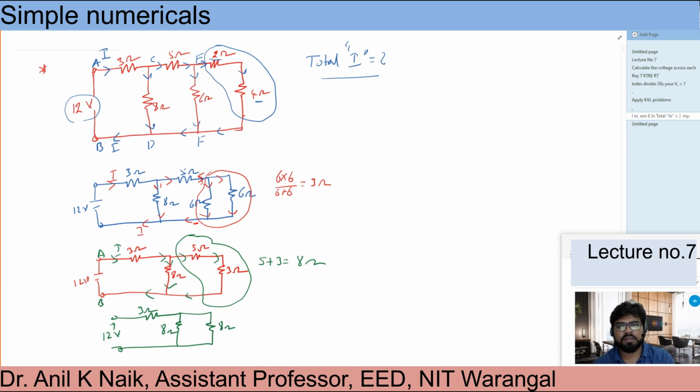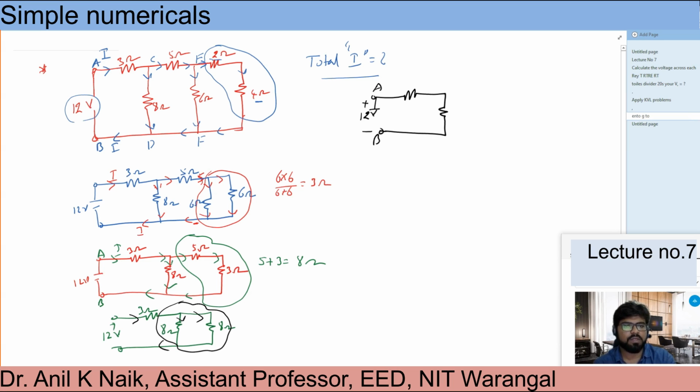So again do the same procedure here, give the direction of current, and I can say that these two are connected in parallel. So my equivalent circuit comes like this. 12 volts is there at the AB terminal.